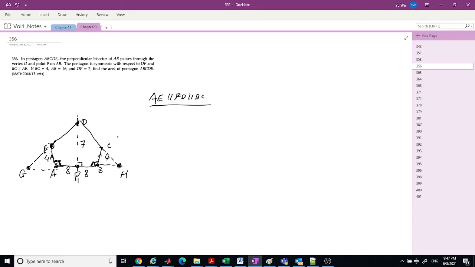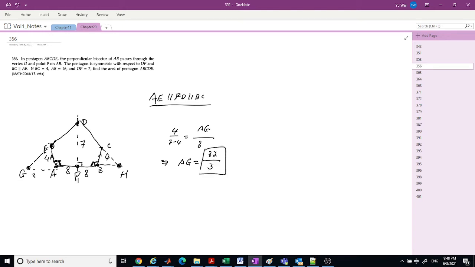Okay, so now we have similar triangles, right? So we know 4 over 7 minus 4 is equal to AG over 8. Then we can solve AG is equal to 32 over 3, right?